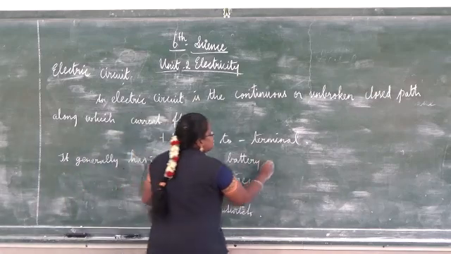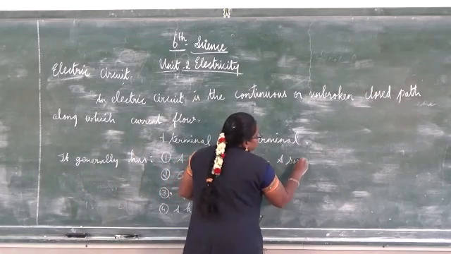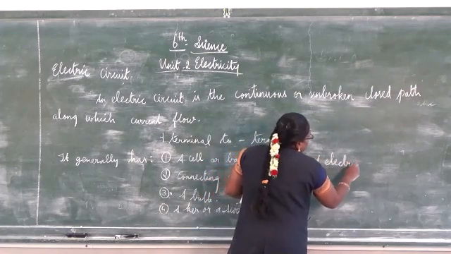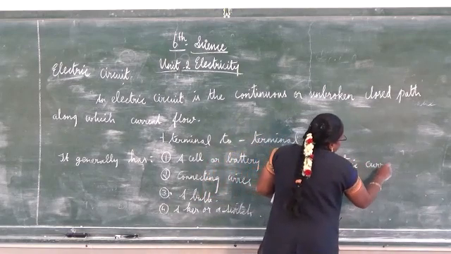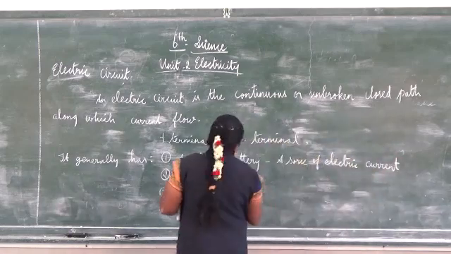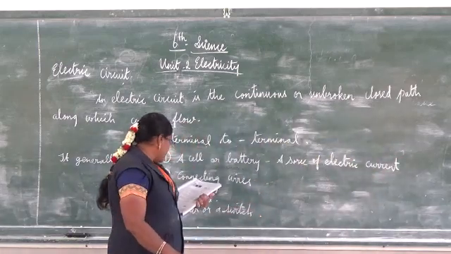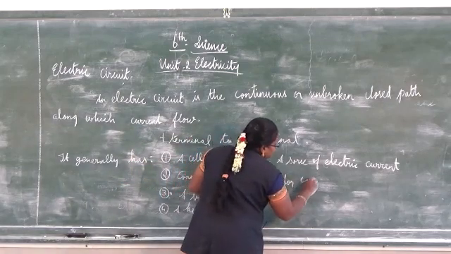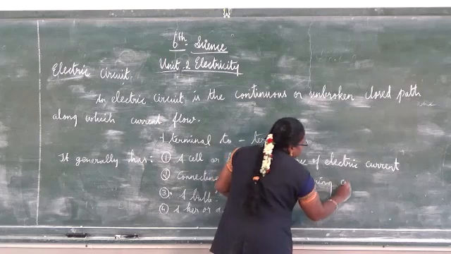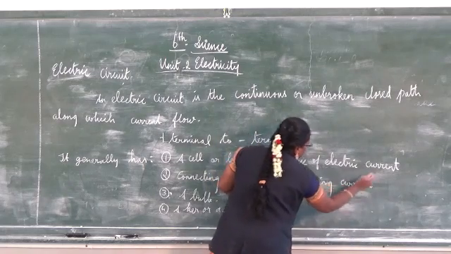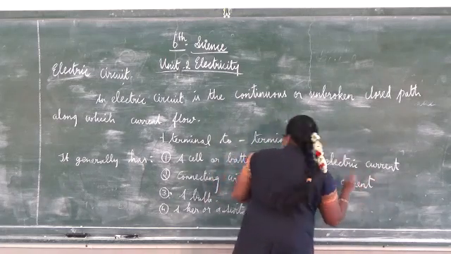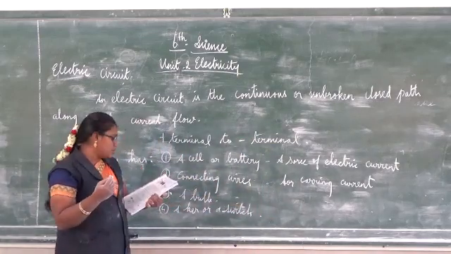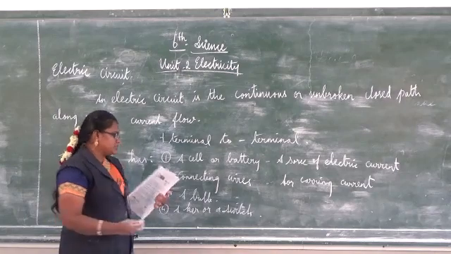A cell, we know, is a source of electric current. Next, connecting wire is needed for carrying current. Next, a bulb. The bulb is a consuming one, consuming electricity.